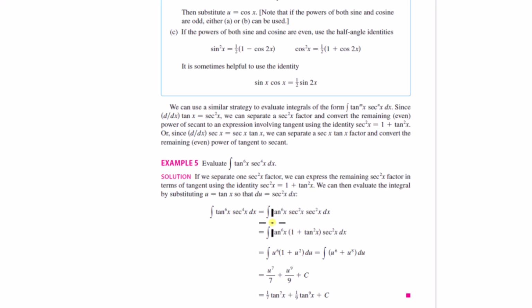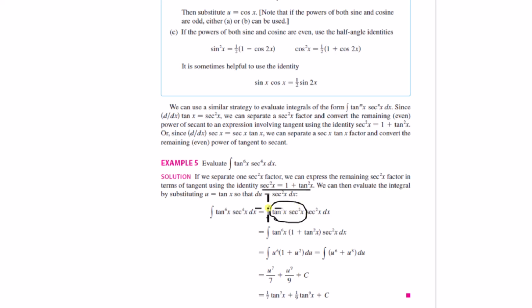We use sine squared x plus cosine squared x is equal to 1 for sine x, cosine x powers. But here we're going to be using secant squared x minus tangent squared x is equal to 1. Secant squared x is equal to 1 plus tangent squared x. We're going to use that to make this a function of just tangent x.